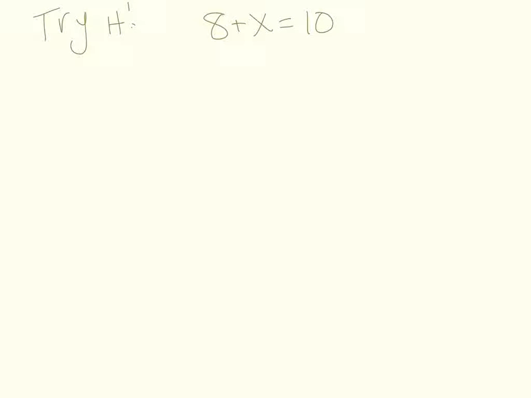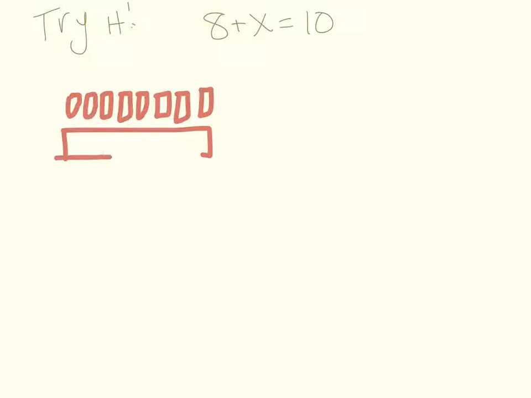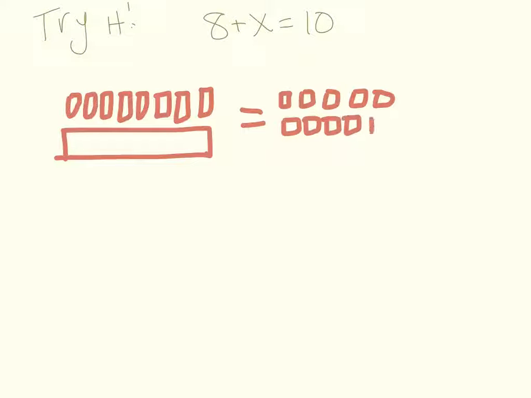Okay, let me go ahead and solve it with you. I have 8 (1, 2, 3, 4, 5, 6, 7, 8) plus x equals 10 (1, 2, 3, 4, 5, 6, 7, 8, 9, 10).